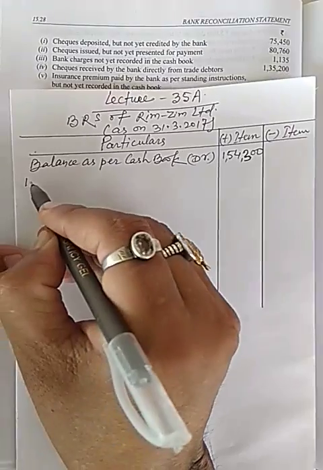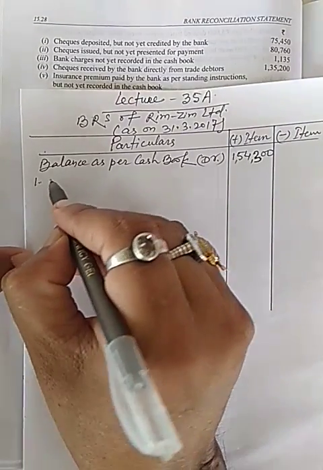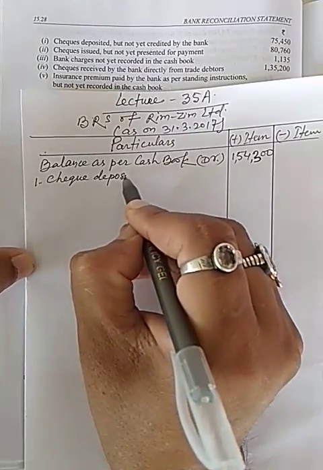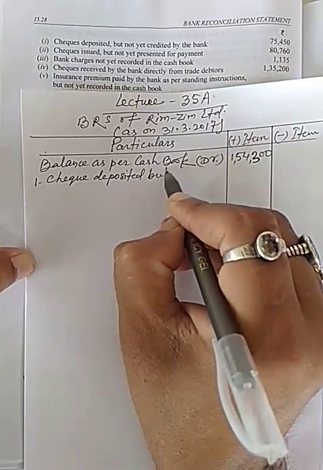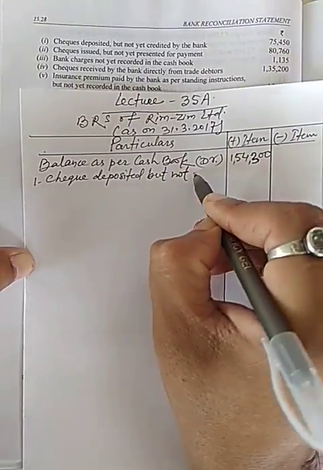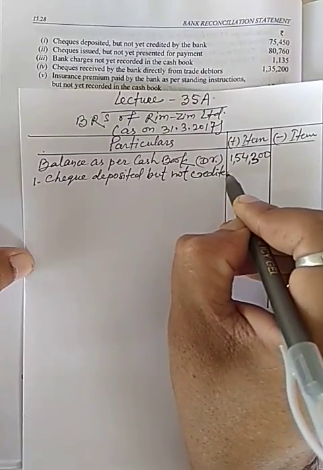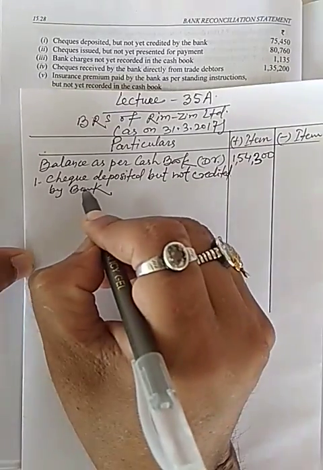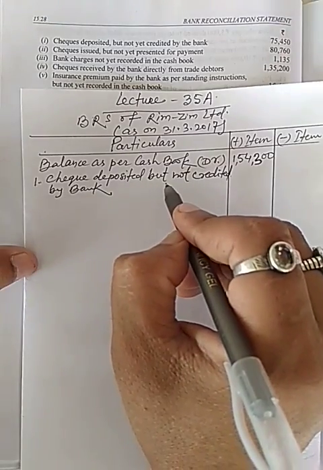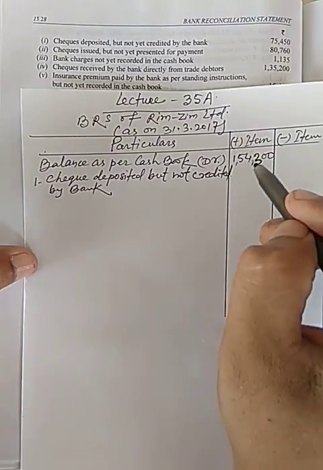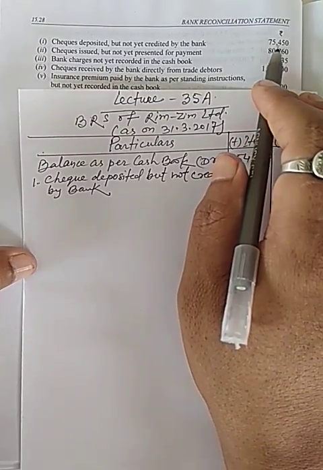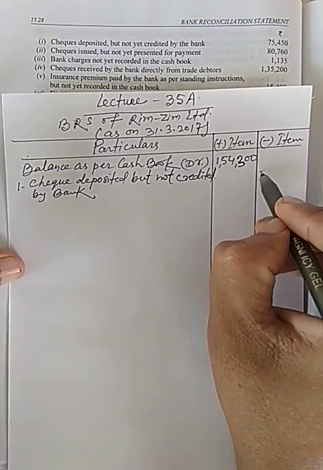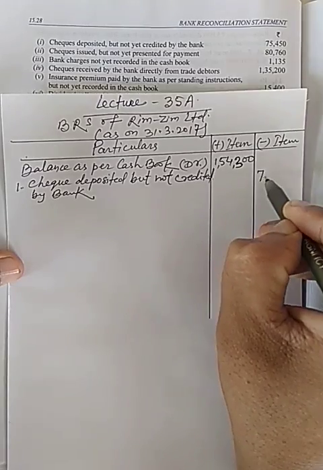So I will put point number 1, cheque deposited but not credited by bank. In short, you can write cheque deposited but not credited, and the amount will be 75,450 in minus item.